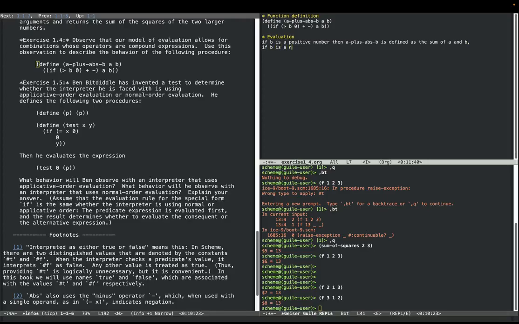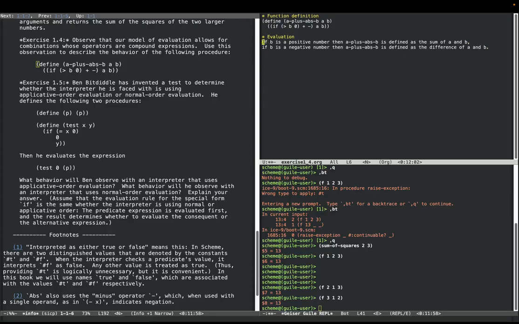If b is a negative number, then a plus abs b is defined as the difference of a and b. Like this.